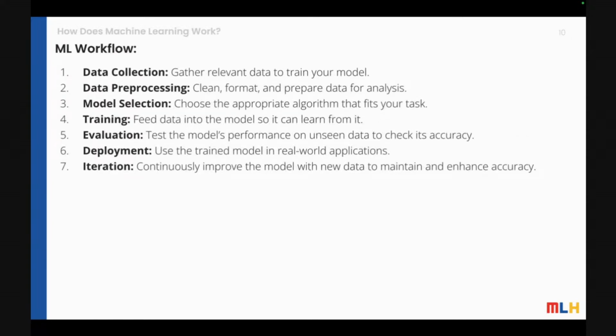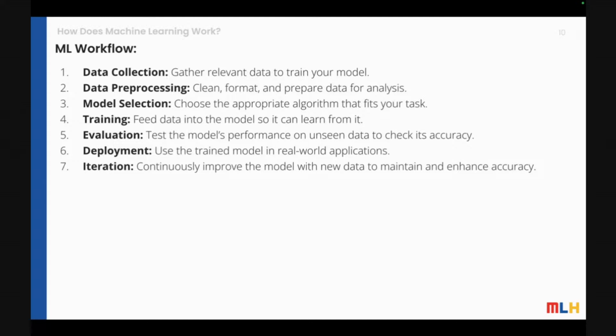Now, how does machine learning work? What is a typical ML workflow? Step one would be data collection. We first gather relevant data to train our model, in this case being the function. Then we do data pre-processing. Let's say we collected data by clicking some pictures of the trees in our area.